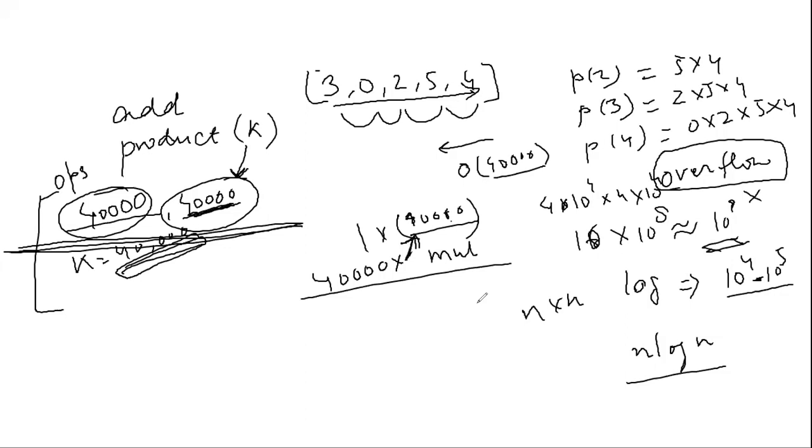Got it. Okay. Yeah, go ahead. One way I was thinking is that as we are inserting the elements, we can calculate the product up until that time. So let's say we inserted 3, the product is 3 up until that time. Let's say we don't have zeros in the array, let's say instead of the 0 we have 1.